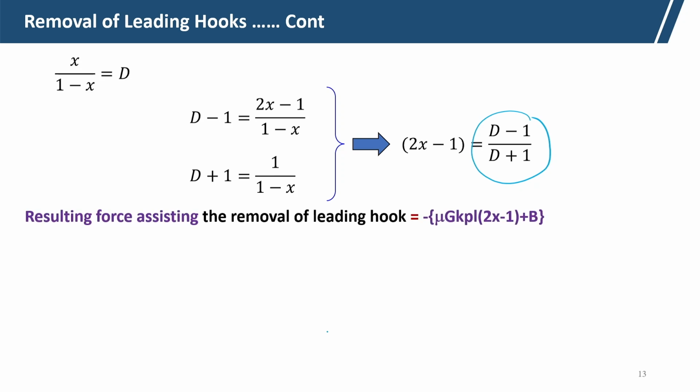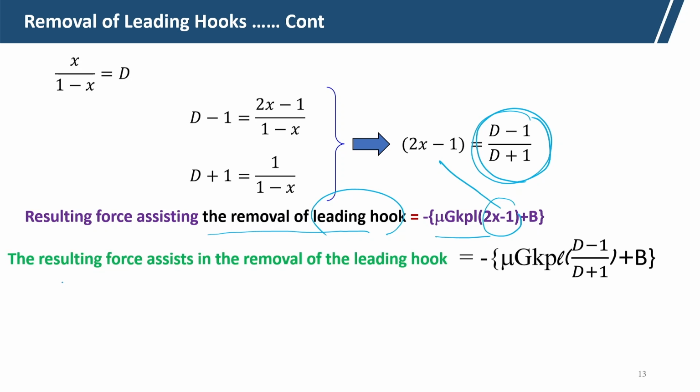So, the resulting assisting force, for the leading hook we have derived this, where 2x minus 1 we have got in terms of draft. So, minus mu g k p l multiplied by 2x minus 1 plus b, that 2x minus 1 is replaced with this formula. So, the resulting force assisting the removal of the leading hook is minus mu g p l multiplied by d minus 1 by d plus 1 plus b.